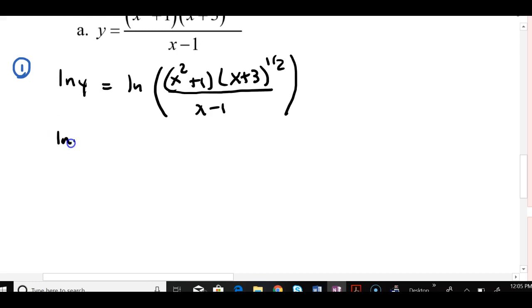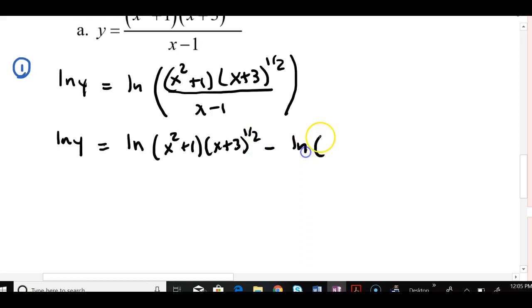So ln y is going to be the ln of the numerator minus the ln of the denominator. The first term is a log of a product, so we can break that apart as the sum of two more logs.